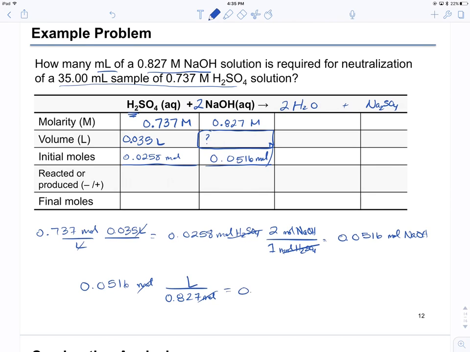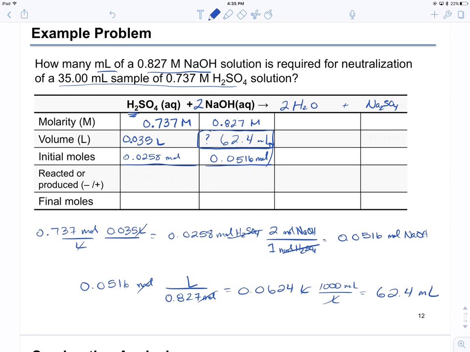So I would need 0.0624 liters. Converting that to milliliters, we have 62.4 milliliters. So 62.4 milliliters is how much we need.